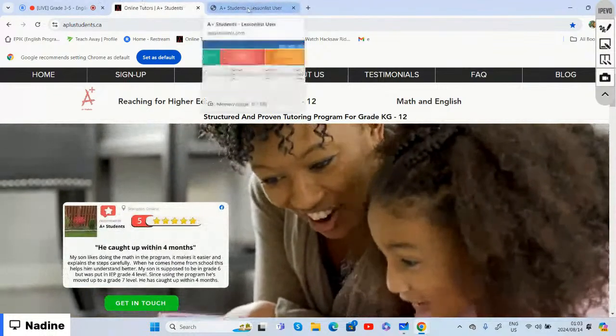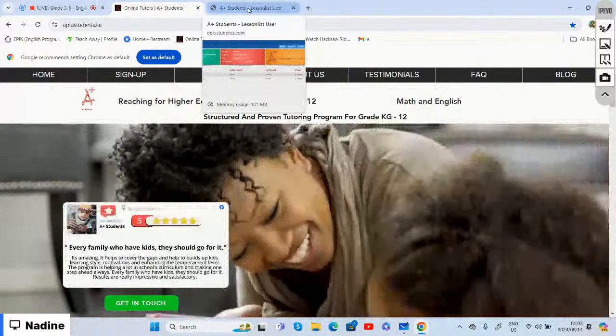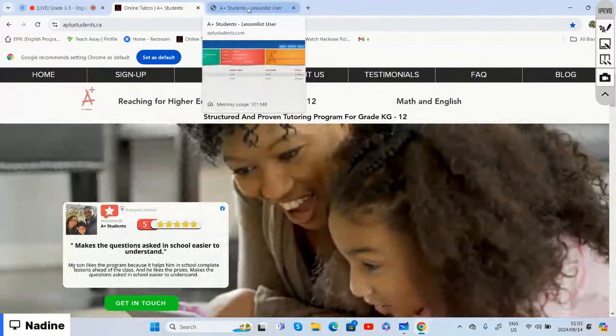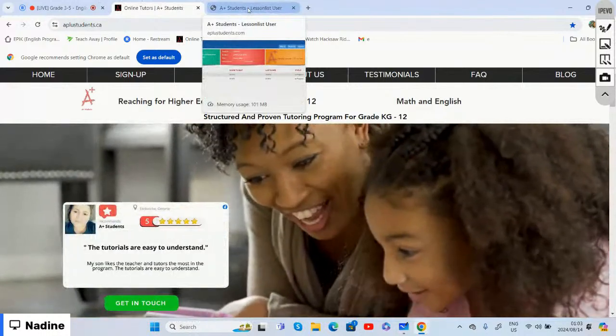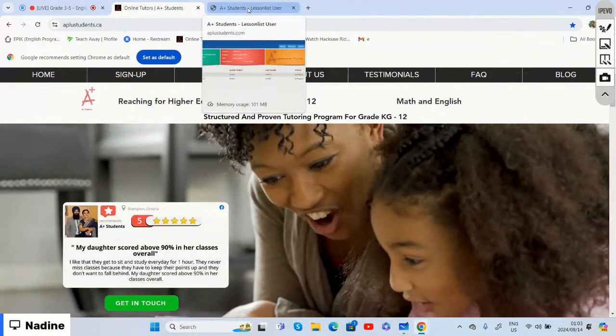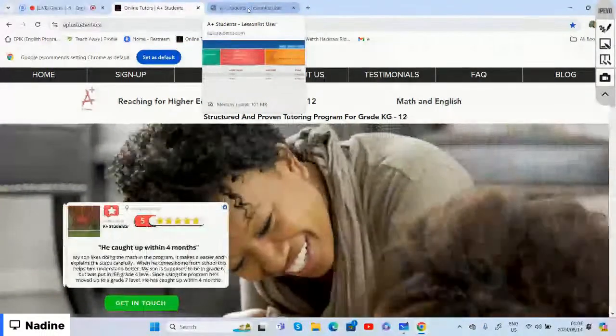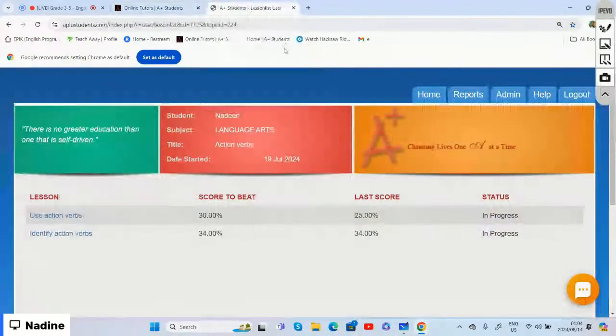We said we are doing grade 3 to 5. And then we're going to scroll down until we get to the chapter of action verbs.